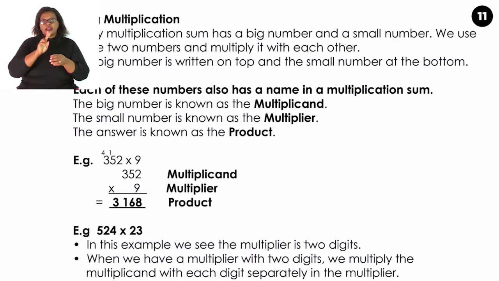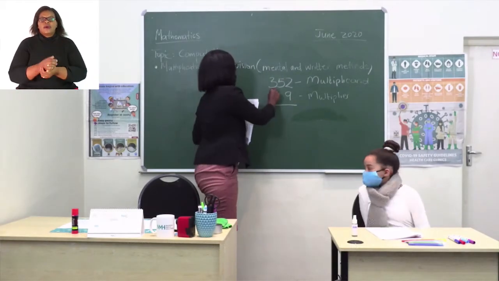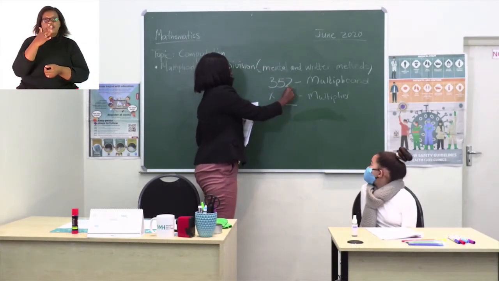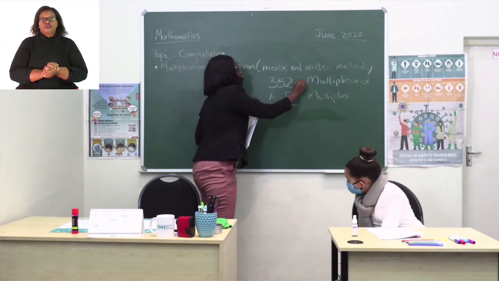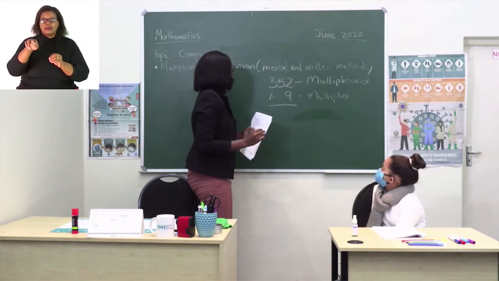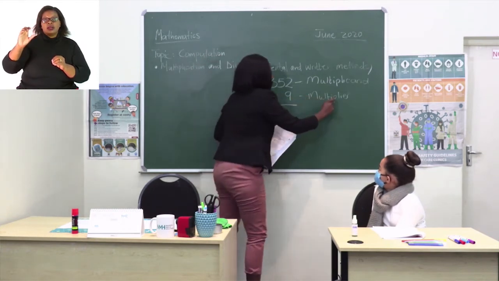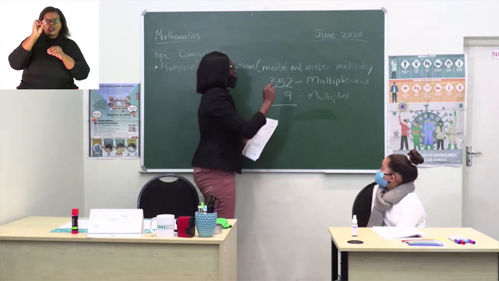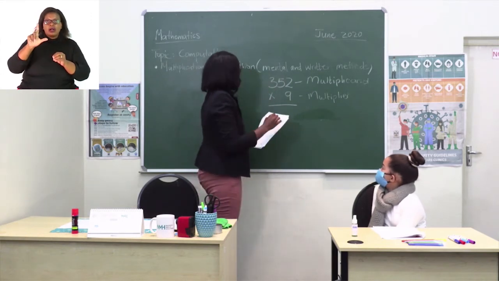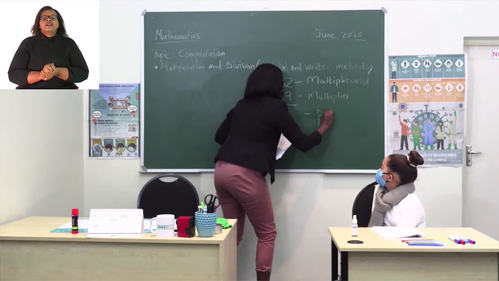Boys and girls, let's go for the first example, whereby we have 352. This number, we call it the multiplicand. And then the smaller number, which is 9, we call it the multiplier. So we need to multiply these two numbers so that we can get our product.